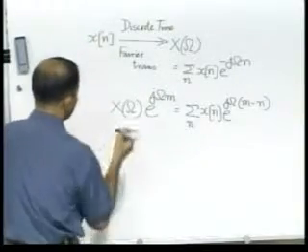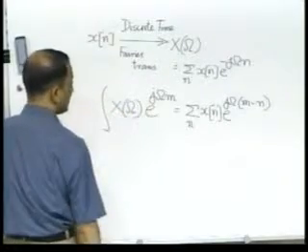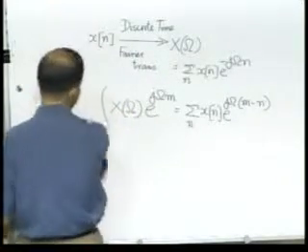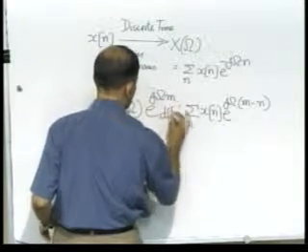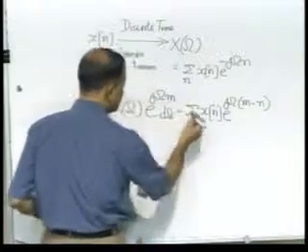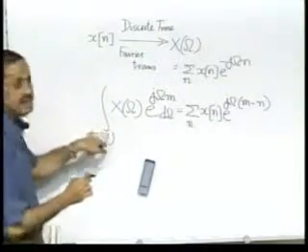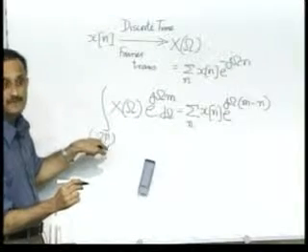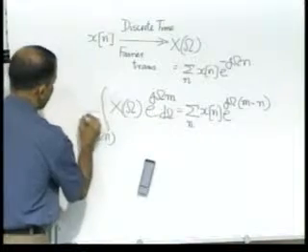And therefore, if we consider the integral of X of omega e raised to the power j omega m d omega, that is what averaging means. The integral is over any interval of 2 pi. This notation denotes any interval of 2 pi. It could be from minus pi to pi, 0 to 2 pi, and anything else, right? And divide by 2 pi, that is an average.